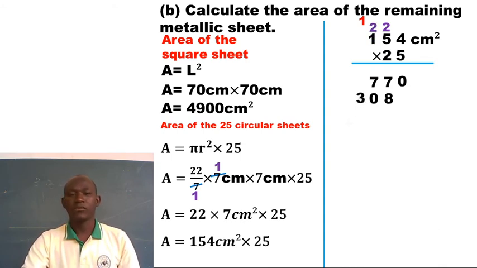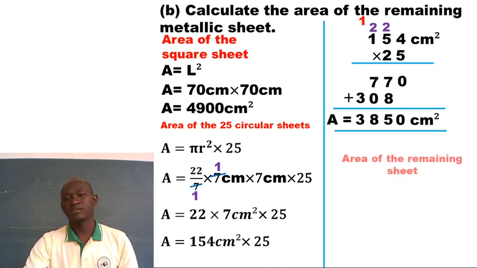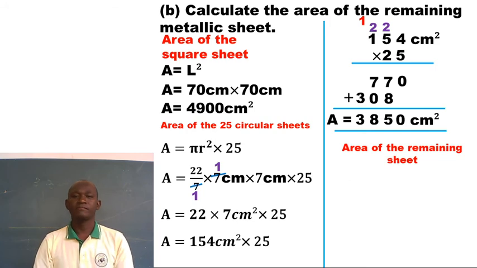Finally, we add: 7, then 0 is coming there, then 7 plus 8 is 15, write 5, regroup 1, and finally add that, and you come up with 3,850 for the area of the 25 metallic sheets.